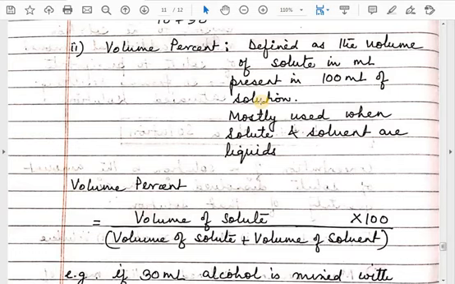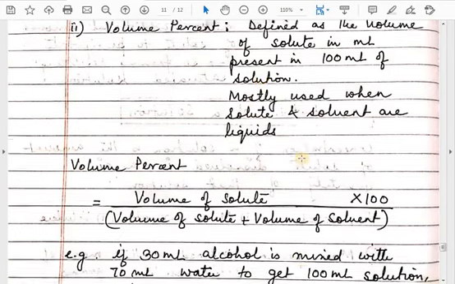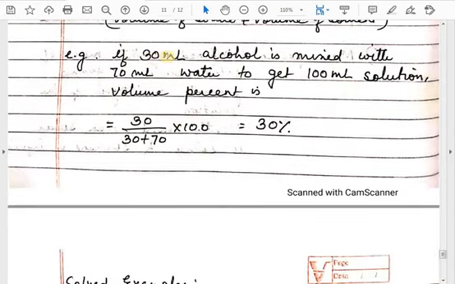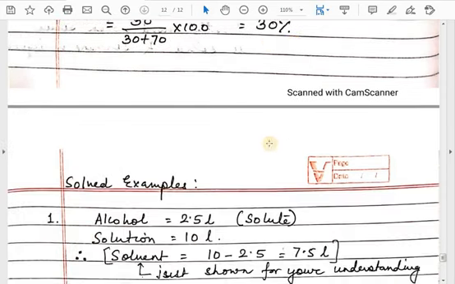It is mostly used when solute and solvent are liquids. Volume percent is equal to volume of solute divided by volume of solute plus volume of solvent, into 100. If 30 ml alcohol is mixed with 70 ml water to get 100 ml solution, the volume percent is 30%.